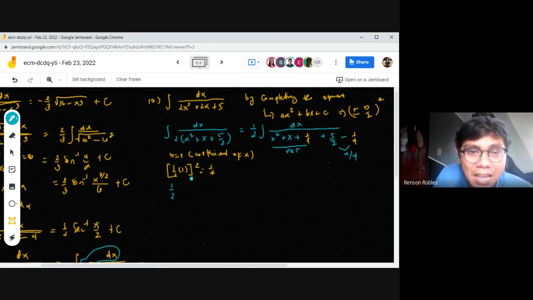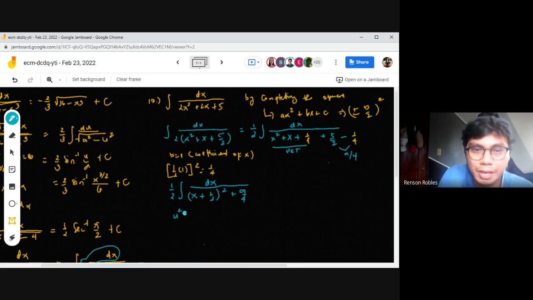Okay? So 1/2 integral of dx all over perfect square trinomial x plus square root of 1/4, 1/2, square. Then plus 9/4. And we can now let u square equals x plus 1/2.